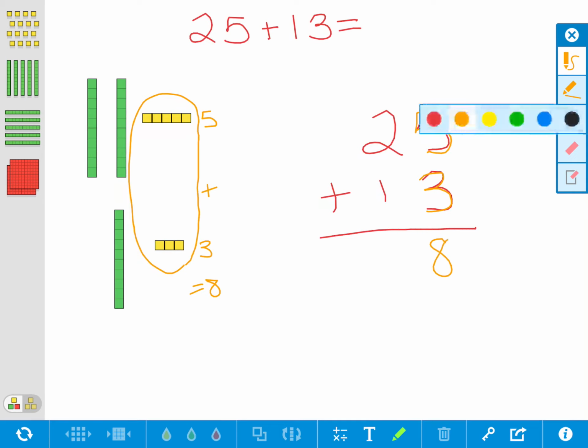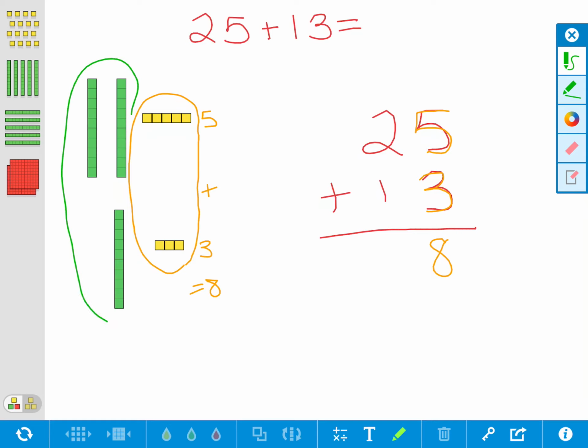Now I'm going to look at my tens. So I'm going back to my place value blocks. I have 3 tens, 10, 20, 30. So all of my tens together equal 30. Let's look at my adding with regrouping.